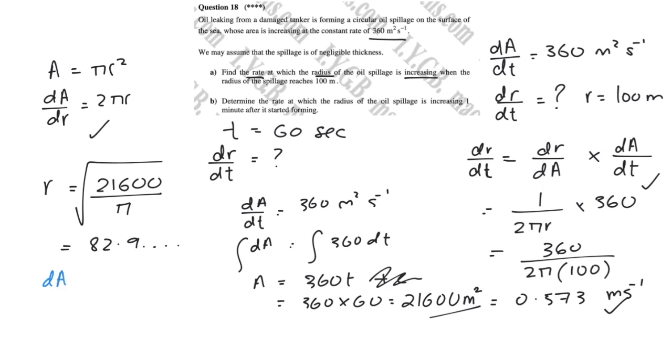So the final answer when you plug it into dr over dt, at r equals 82.9..., obviously you're not rounding until the end, is 180 over pi times 82.9..., and that ends up giving you 0.69.